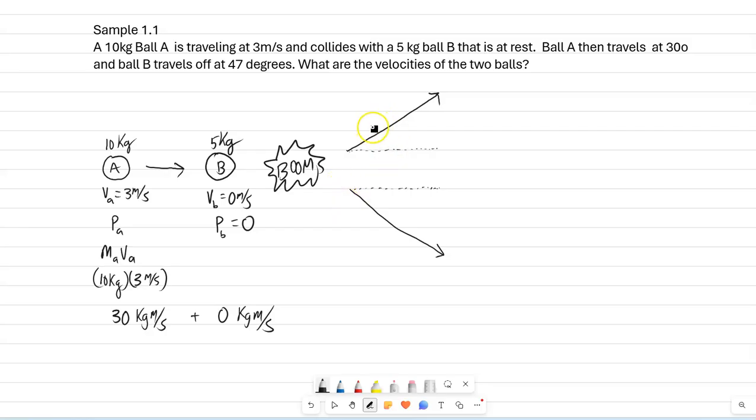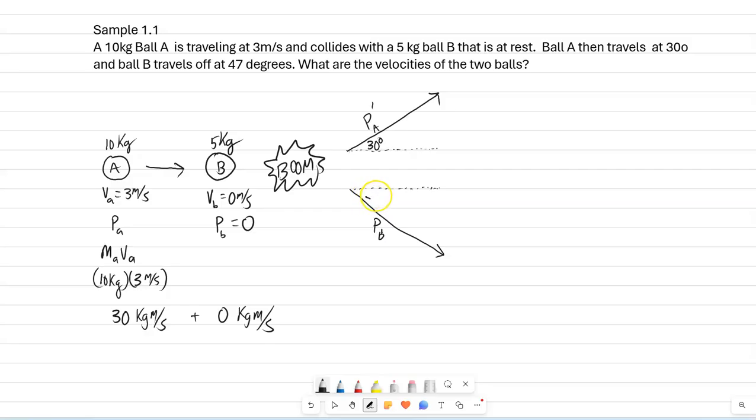So let's see what happens. We know that we're going to have the momentum after the collision at 30 degrees up, and the momentum of the second object is no longer going to be 0 because it's going to be moving, and that's going to be going down.